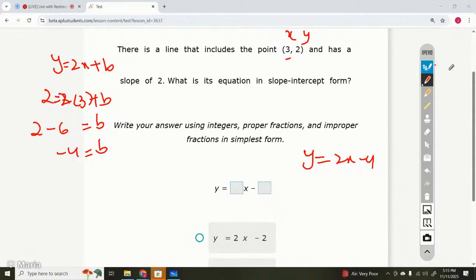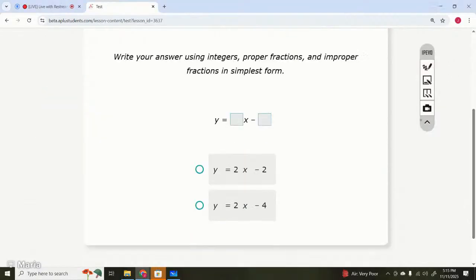So the correct option is y equals 2x minus 4. Option number 2 is the correct option.